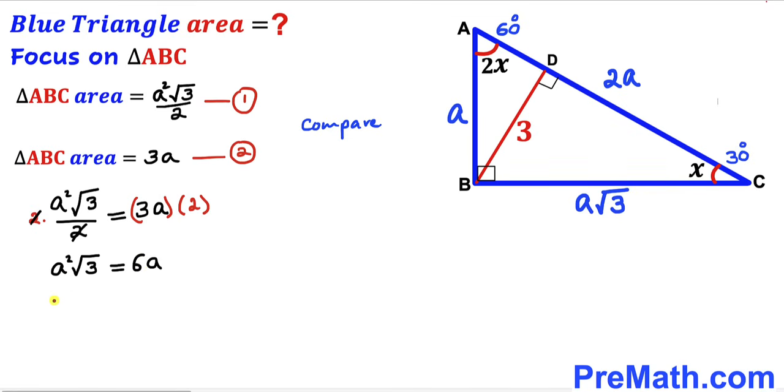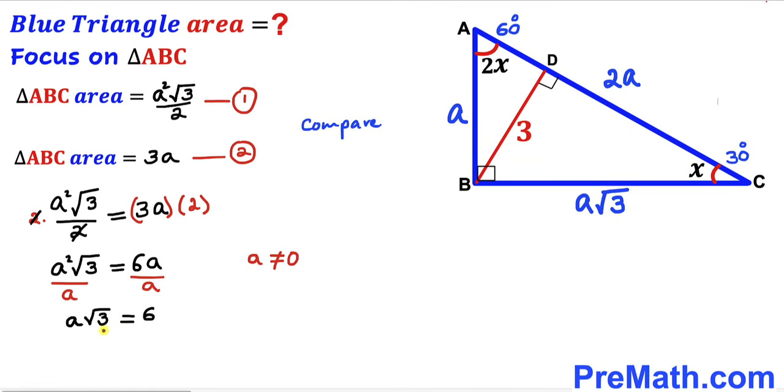And now I am going to divide both of these by lowercase a, and make sure that lowercase a value is not equal to 0. So therefore we ended up with a times square root of 3 is going to be equal to 6.